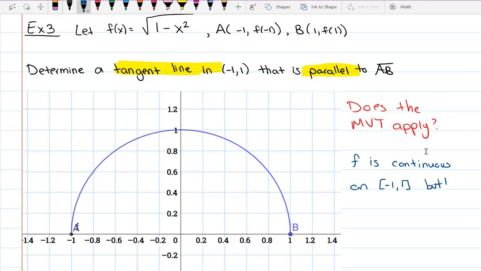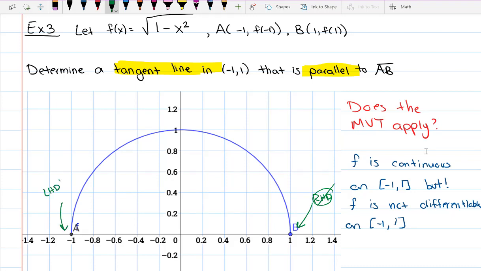But here's the thing. f is not differentiable on negative 1 to 1, because right here we don't have a right-hand derivative, and right here we don't have a left-hand derivative.